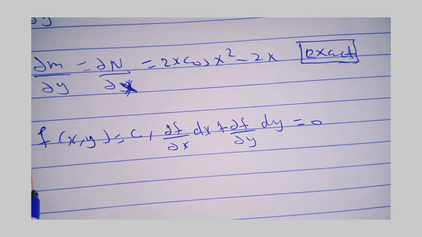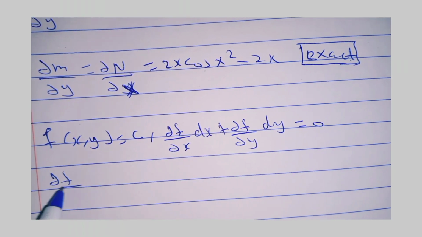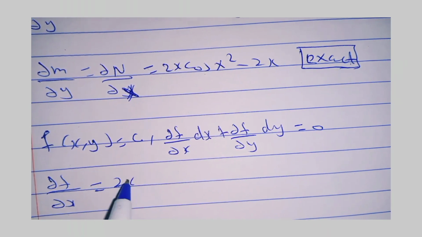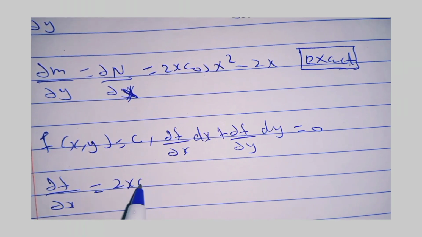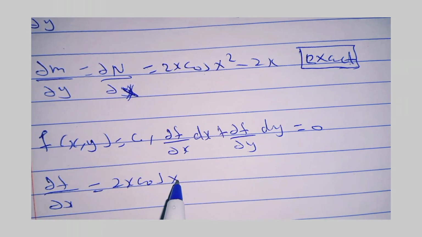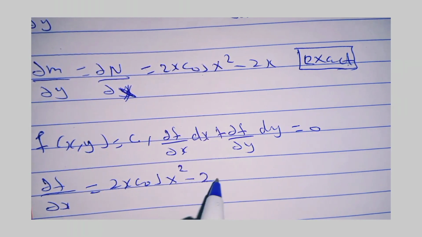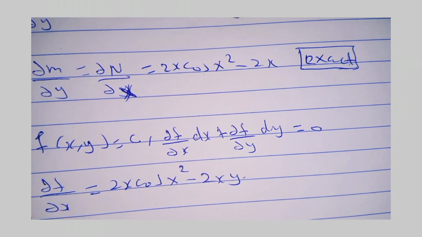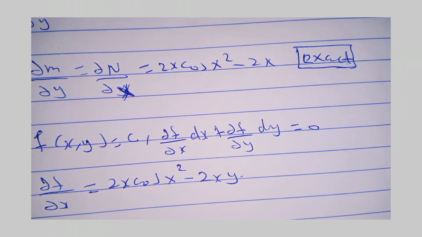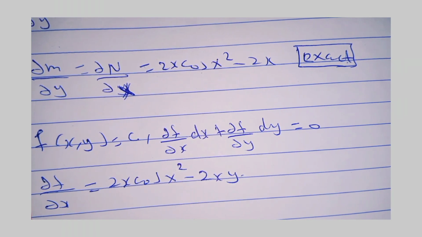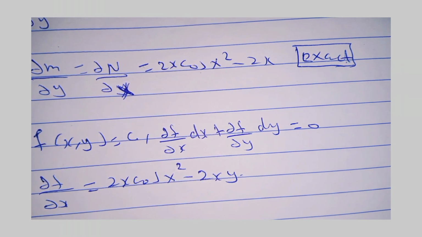So we compare: the partial of f with respect to x from the given ODE is 2x cos(x²) minus 2xy.